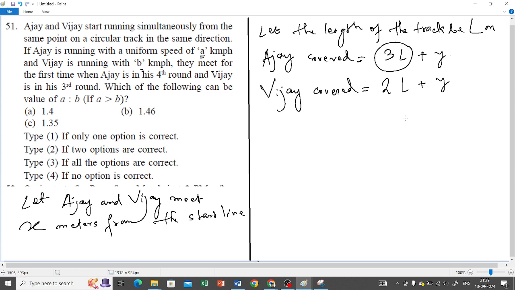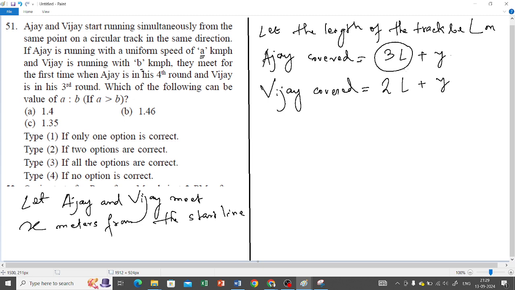Right? So Ajay covered 3L plus Y and Vijay covered 2L plus Y. Alright? This is fine.